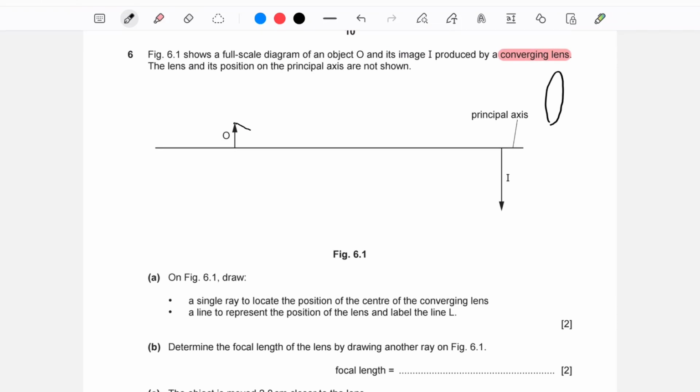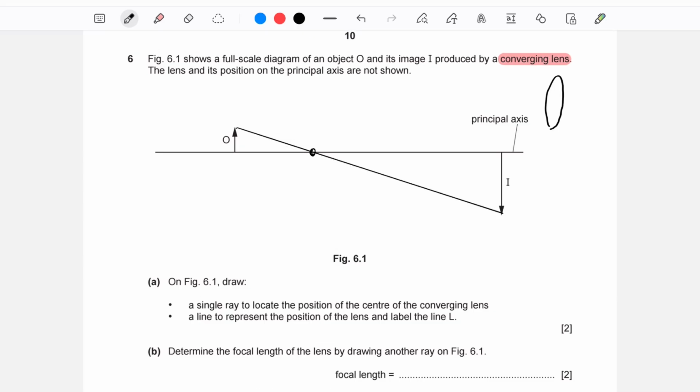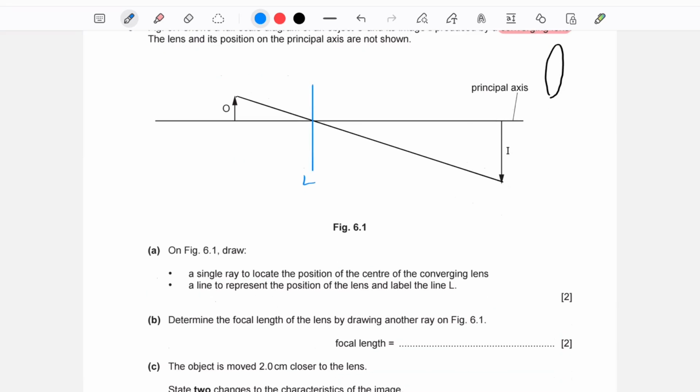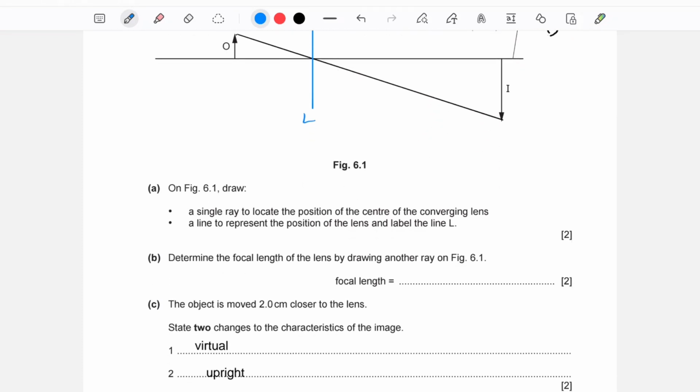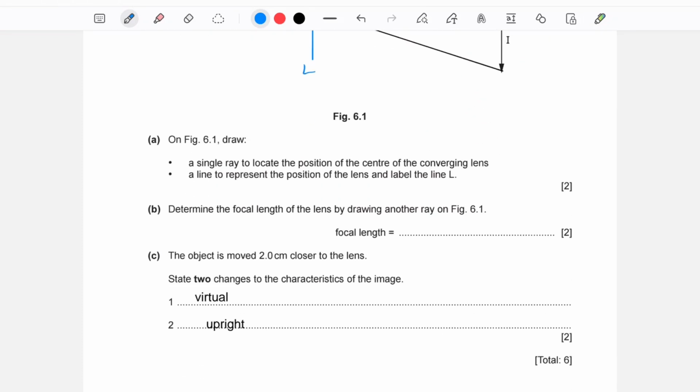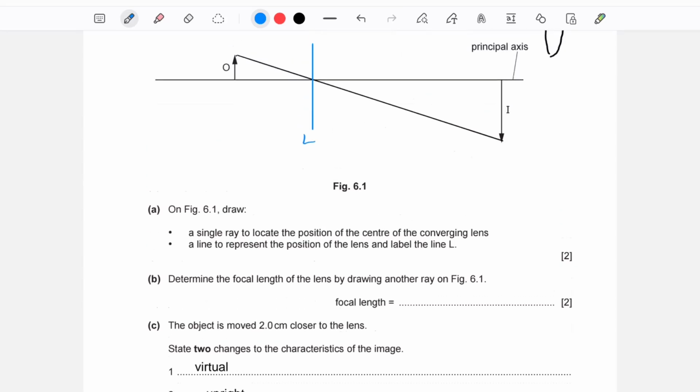So we can draw a ray from the object to the image, and this is the center. So we're supposed to draw a line and label it as L. So this is the center of the converging lens. Part B, determine the focal length of the lens by drawing another ray.